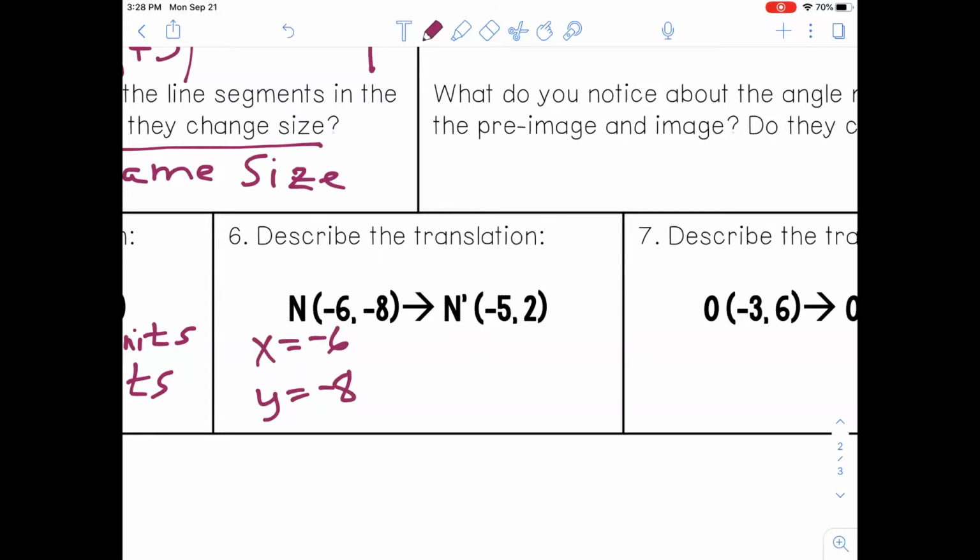Well, negative 5 on the number line is to the right. So we're adding 1, so it's going to go 1 to the right. And then Y is negative 8 to 2, so that's also going up. So 8 plus 2, because we move 8 units up and then 2 more from 0. So that's 10 units up.